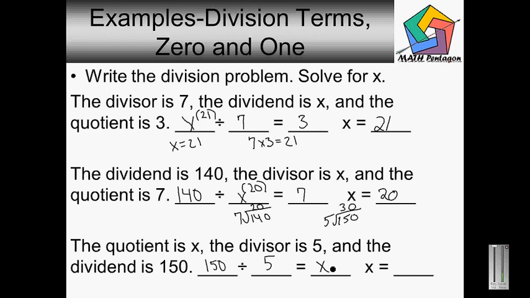So the answer to this is x is equal to 30. As you can see, I can substitute the x for 30, and 5 times 30 is 150. And it checks out right there. So x is equal to 30. So that's the final answer to that.